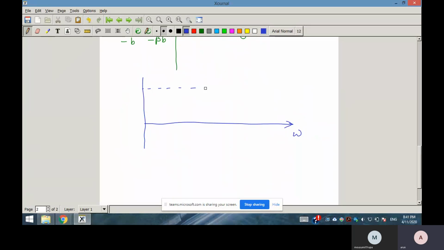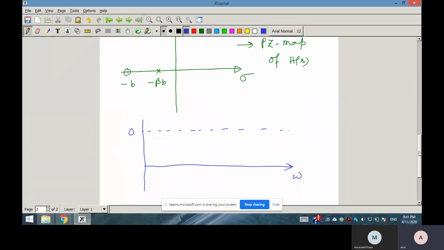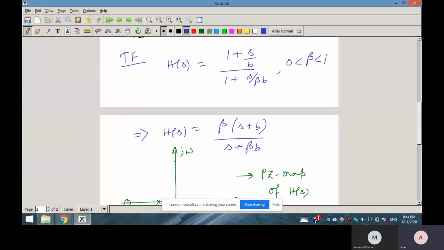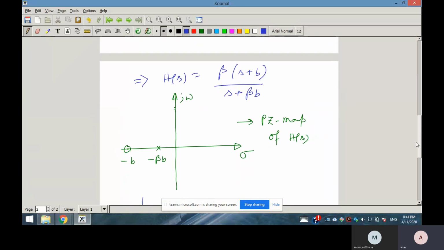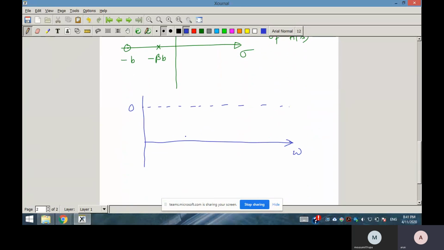Suppose this is your 0 dB line. From the transfer function you can see there are two corner frequencies. One is b, one is beta b. So beta is less than 1, so beta b will come first. So this is suppose your beta b, and this is suppose your b.